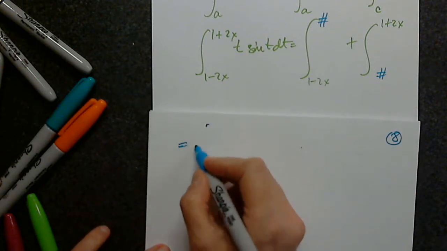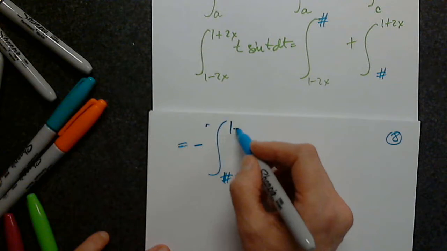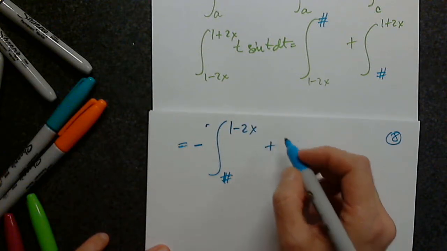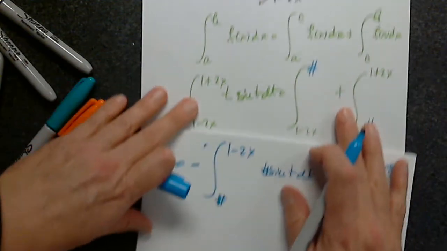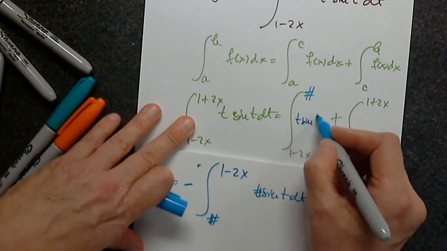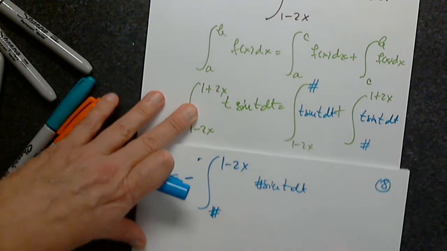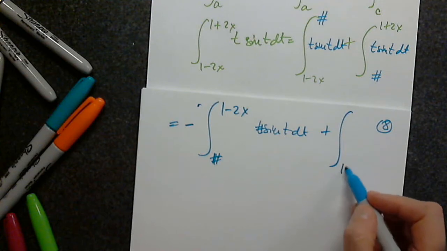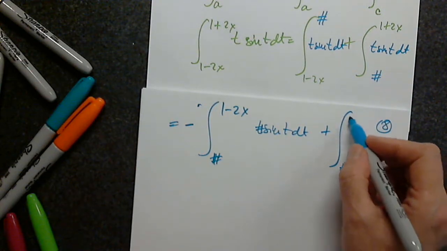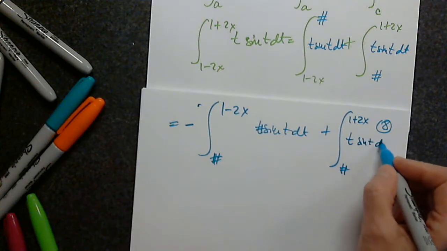So this will be negative in front, the integral from the number, whatever, to 1 minus 2x of t sine t dt, plus the integral from that number to 1 plus 2x of t sine t dt.